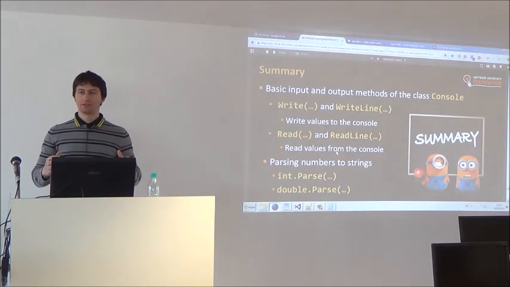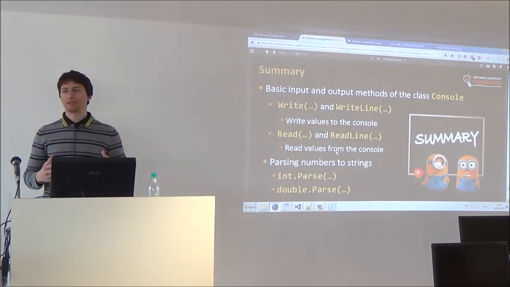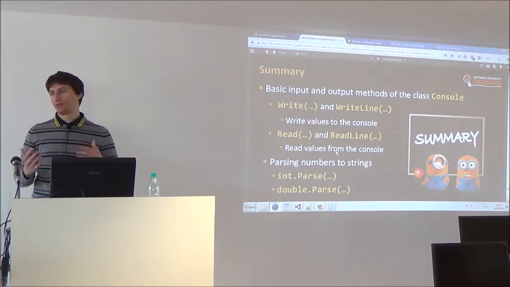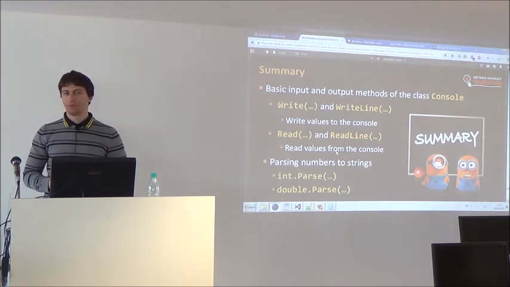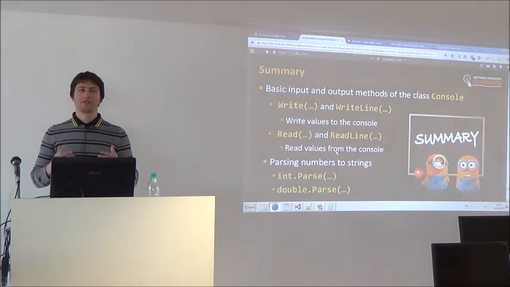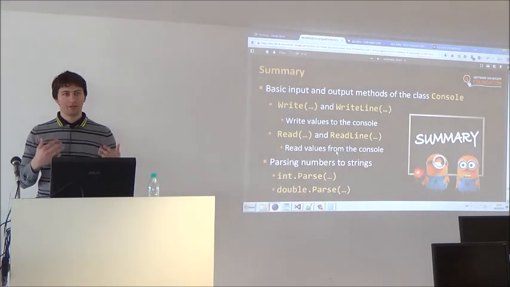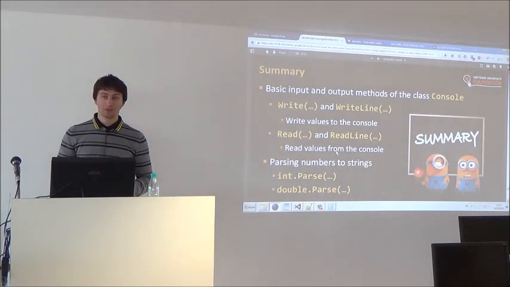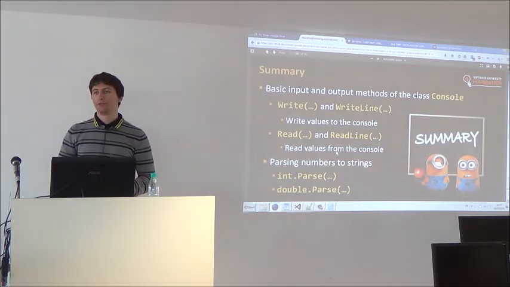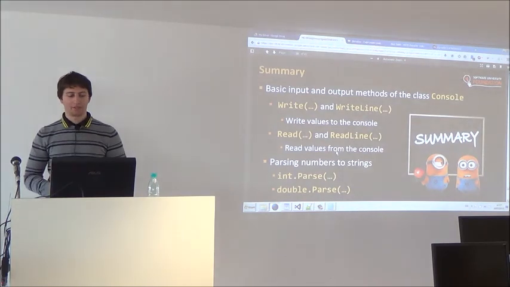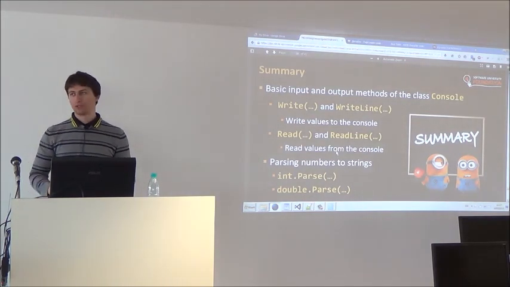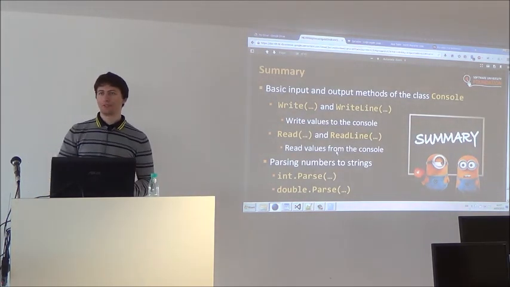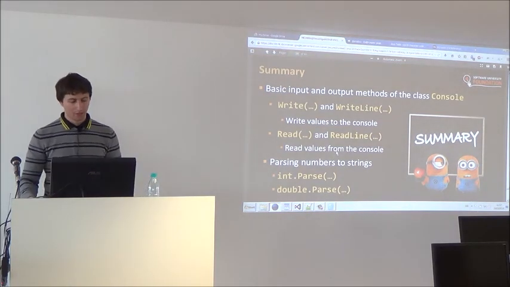So TryParse tries to parse your string as an integer or as a double or whatever you like, and it gives you a Boolean result. Either it's true, it succeeded, or it's false, it failed. And the out parameter, that's something you should know as well, it's where you put the result when it's correct. When it's false, you saw it's always 0. It goes back to 0.